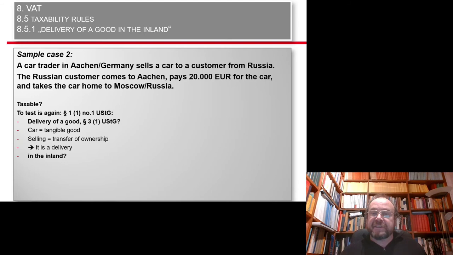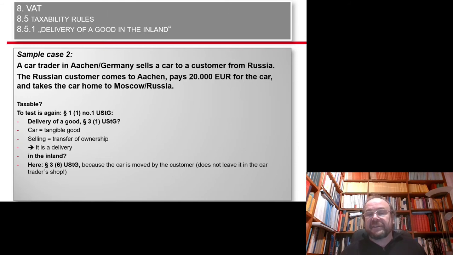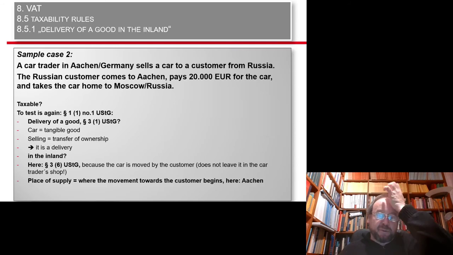So the next question is, did that happen in the inland? And the answer is yes. 3.6 says the car is moved in connection with the sale because the customer takes it away. It doesn't stay where it was sold. So that's where the movement towards the customer begins. So the good is here moved from Aachen to Moscow.